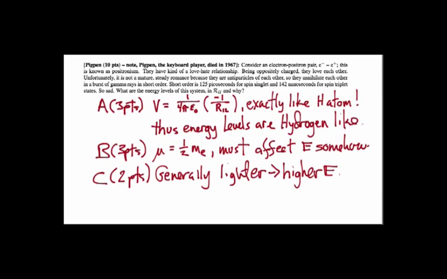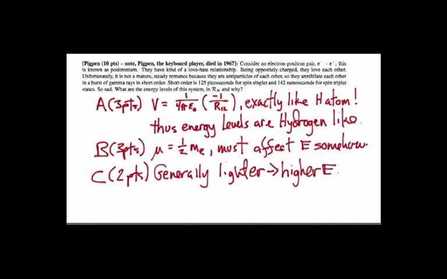Now mathematically that might come out a little different here because our zero is the dissociated system, and the energy levels are essentially going down. But we expect the math to work out so that having a lighter object is going to send the energy level up. It's going to be less stable. So that's the next 2 points, and that's most of the question.